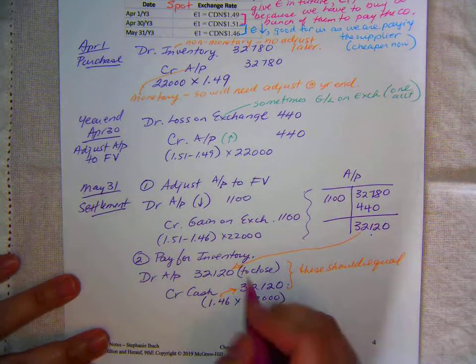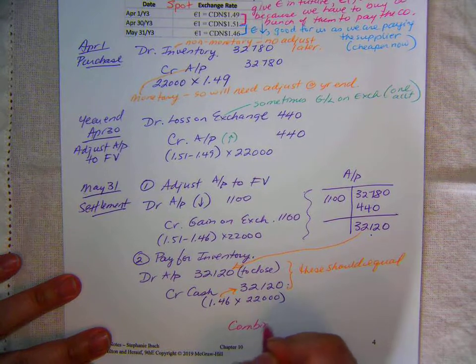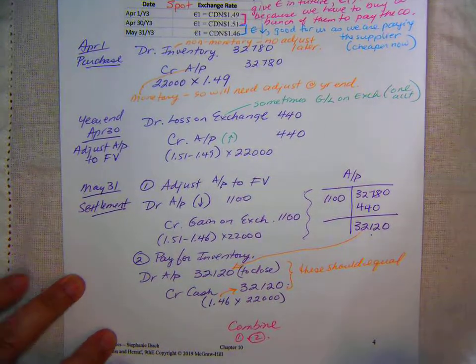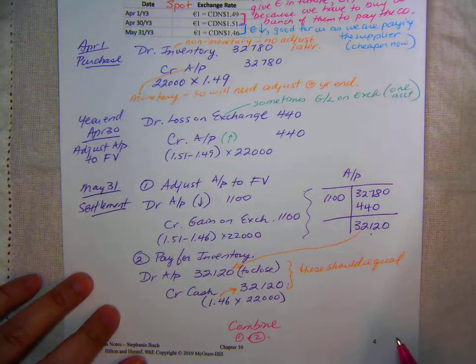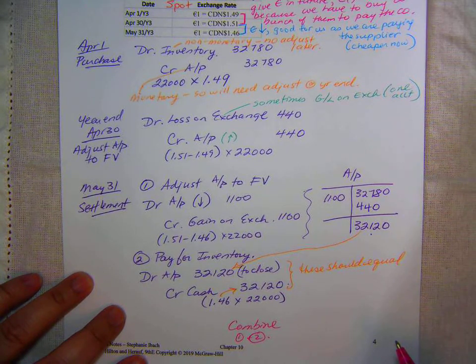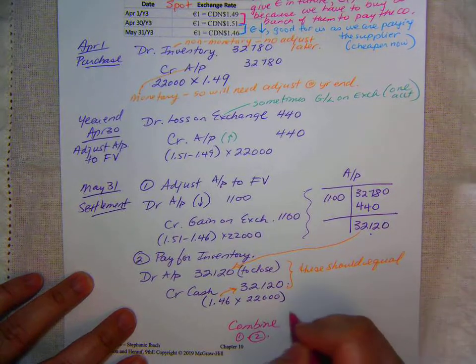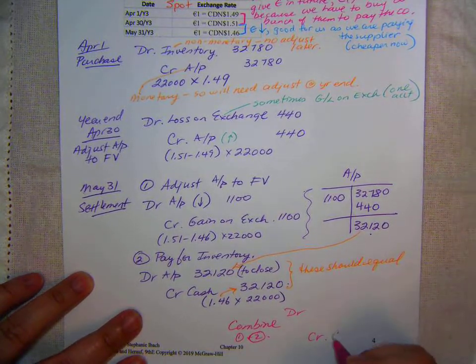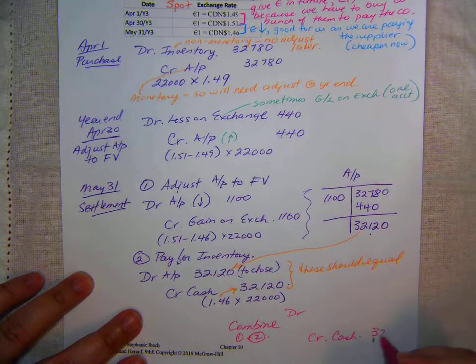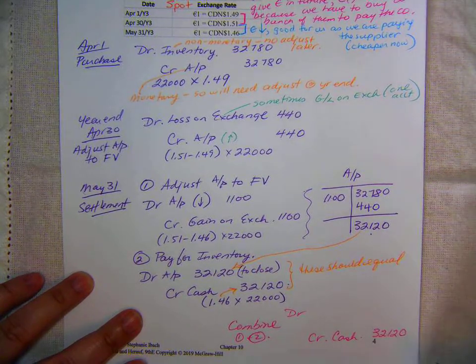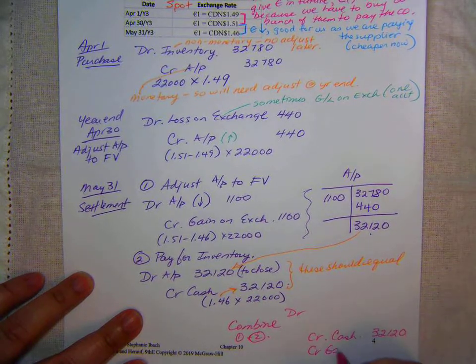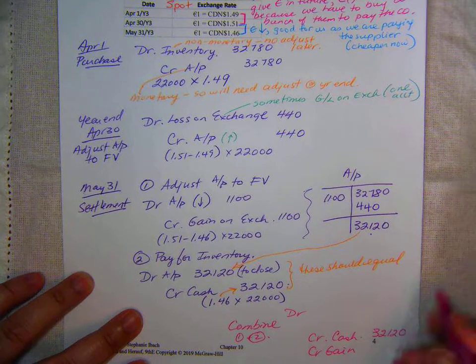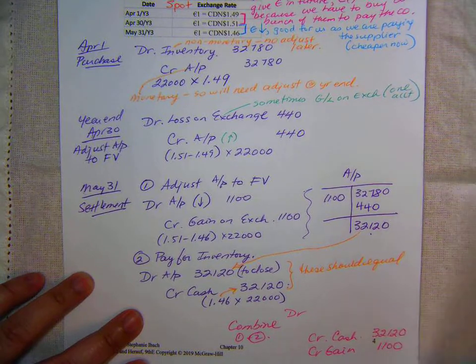So if you did want to combine them, you've got room for debits and credits. Well, you know how much cash you're going to credit. You calculated it. You have to calculate the gain on exchange, just like you did up there, for 1,100.